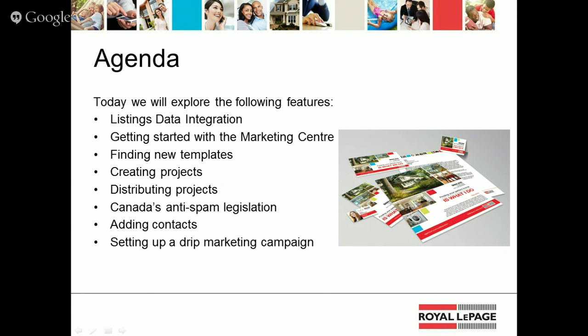I'd like to dedicate some time to Canada's anti-spam legislation and talk about what that means for real estate and also how you can use some of the tools from within the Marketing Center to ensure that you are compliant with this law. To close things out, I want to talk about how you can add contacts into the system. And then once you've got contacts in there, how you can include them as part of a drip marketing campaign.